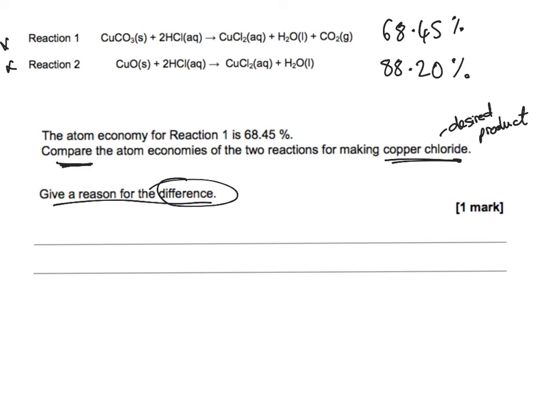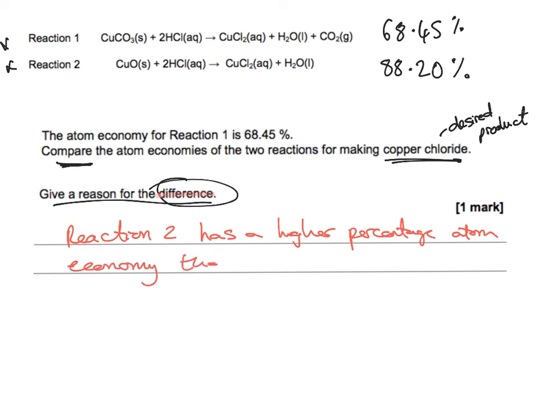I find this interesting because it's not actually told you what the difference is. So your first step is to say what the difference is: reaction 2 has a higher percentage atom economy than reaction 1.